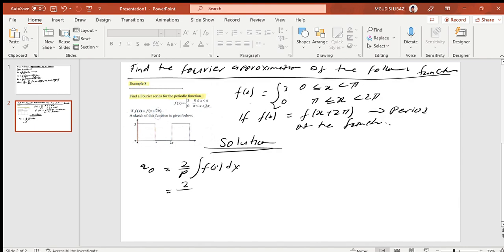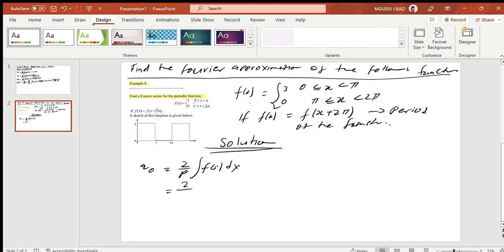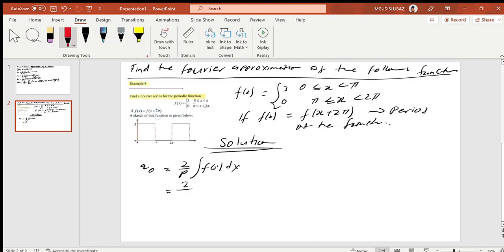You can see that our function is defined from 0 to pi and from pi to 2 pi. For the sake of simplicity, since the part of the function defined from pi to 2 pi is 0, I'll just not consider that.